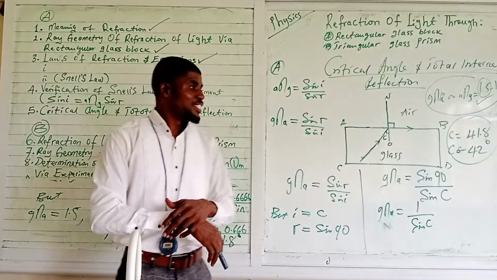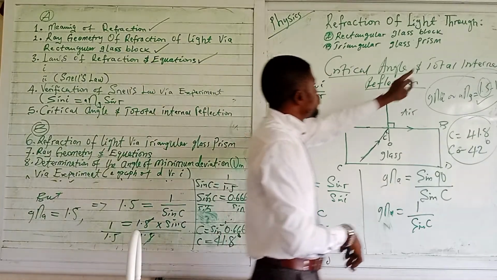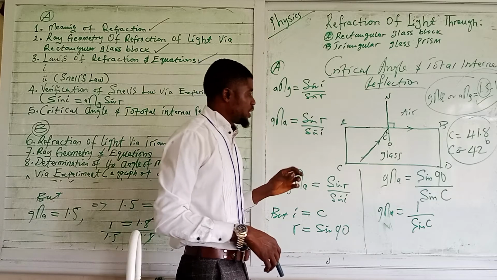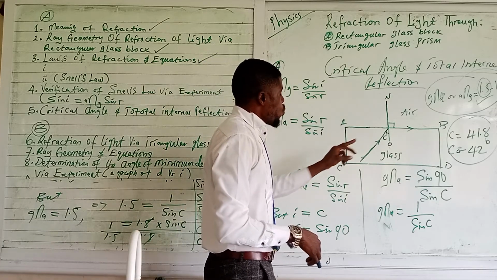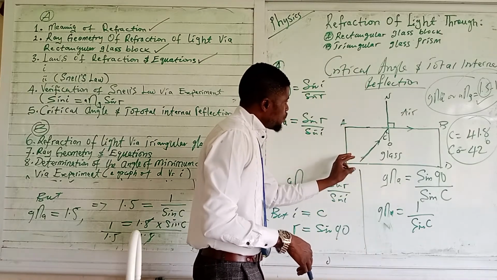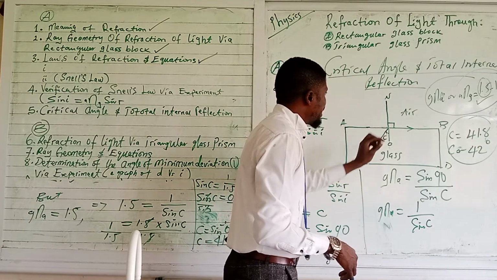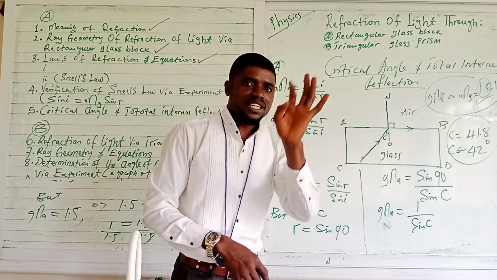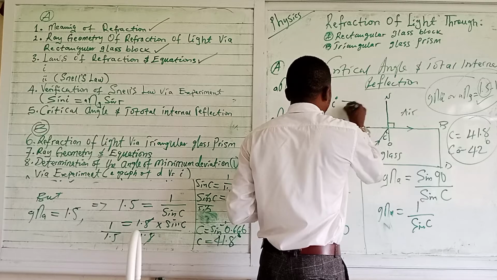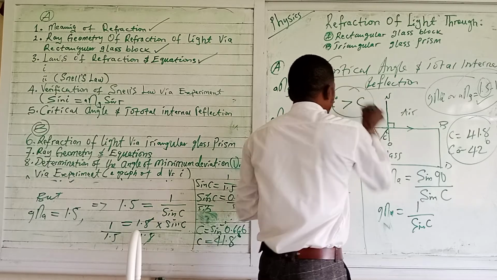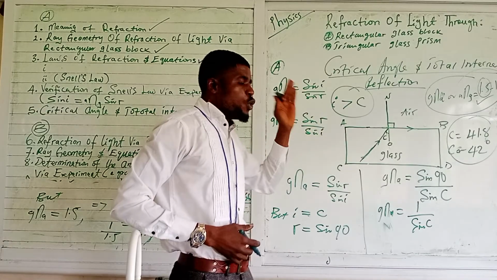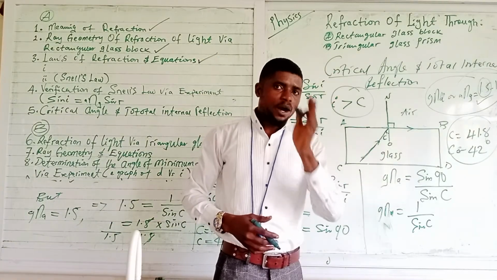So, what is total internal reflection? Total internal reflection occurs when the angle of incidence from a denser medium to the normal exceeds the critical angle. It means that when i is greater than c, total internal reflection occurs. And this is the principle with which fiber optics works.